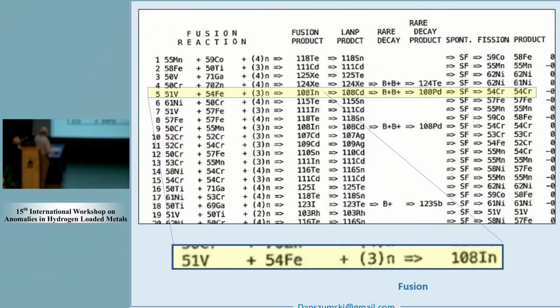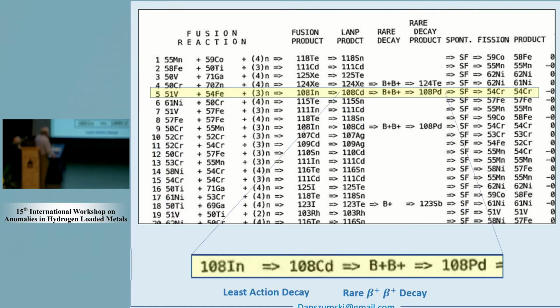First, let's look at the reactions. This one reaction that we're looking at here is vanadium 51 and iron 54 plus 3 neutrons, giving us indium 108. Indium 108 can undergo the normal decay processes for indium 108.